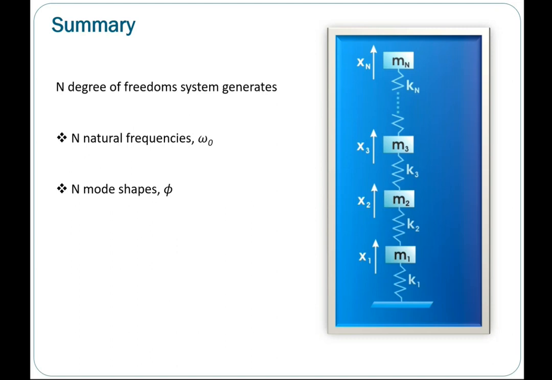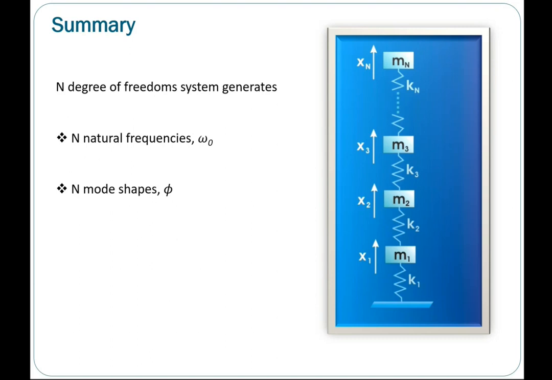mode shapes. Earlier we learned that with a single degree of freedom you have 1 natural frequency, omega naught. If you have 2 degrees of freedom, you have 2 natural frequencies; 3 degrees of freedom, 3 natural frequencies; n degrees of freedom, n natural frequencies.